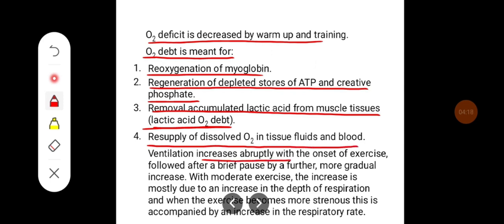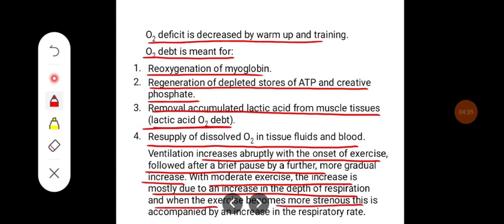Ventilation increases abruptly with the onset of exercise, followed after a brief pause by a further, more gradual increase. With moderate exercise, the increase is mostly due to an increase in the depth of respiration, and when the exercise becomes more strenuous, this is accompanied by an increase in the respiratory rate.